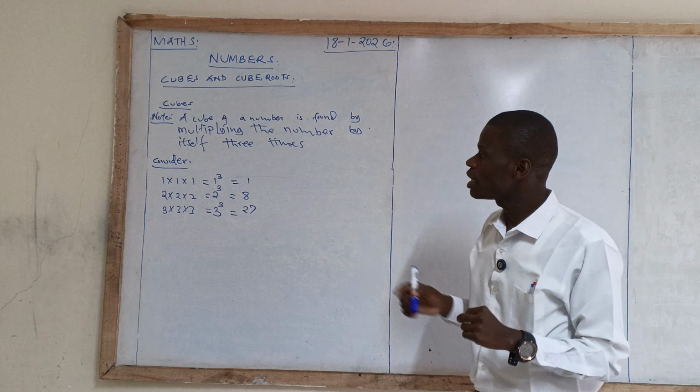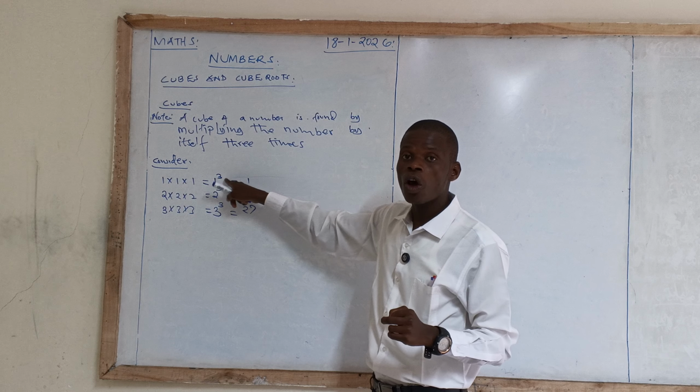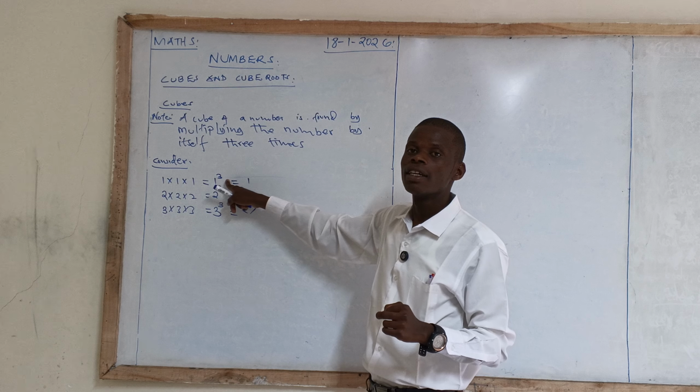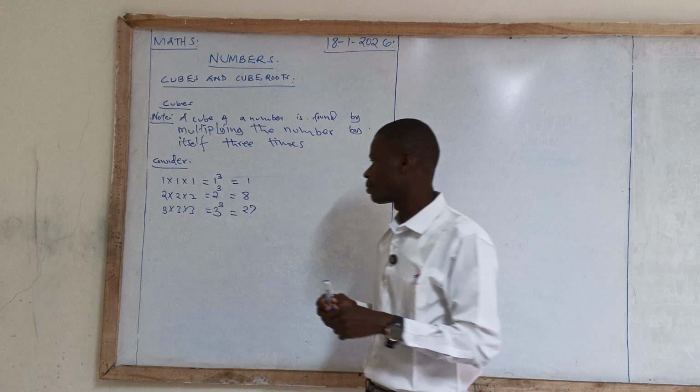And it is denoted by this symbol on top, the power of 3. It is the cubed.